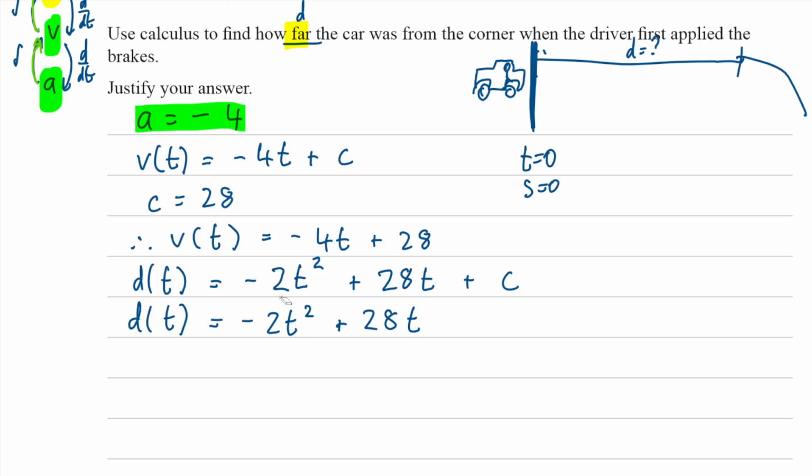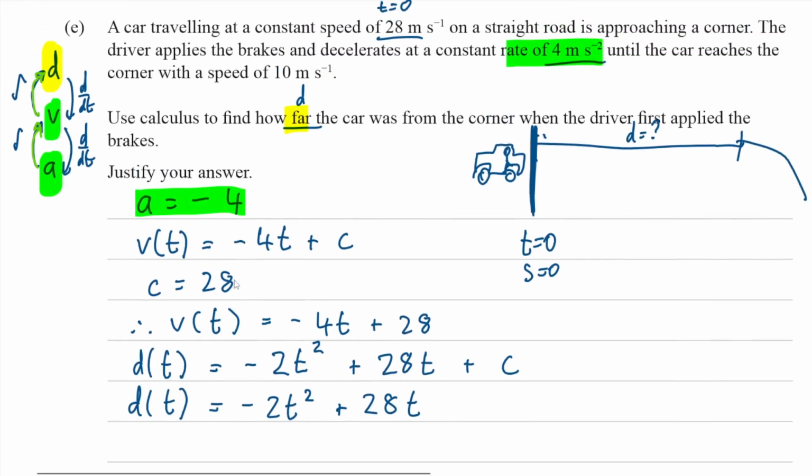So we need to know the time it takes for the car to reach the corner, because if we have the time, we can then work out the distance. Just rereading the question, we know that the car reaches the corner with a speed of 10 meters per second. So using our speed equation, with speed equaling 10, we can work out the time that the car is at the corner.